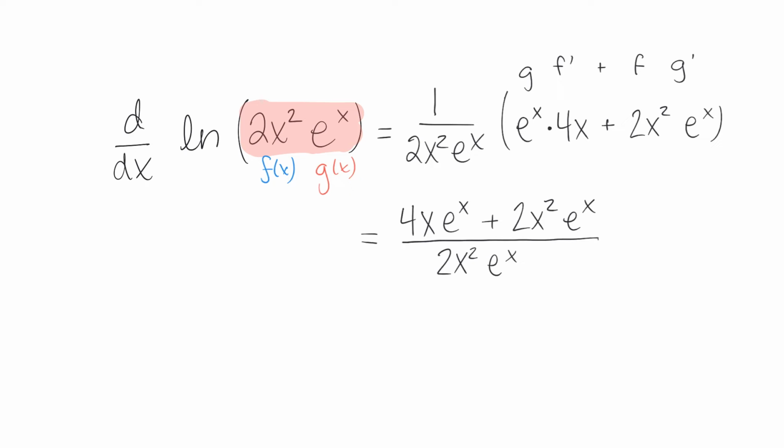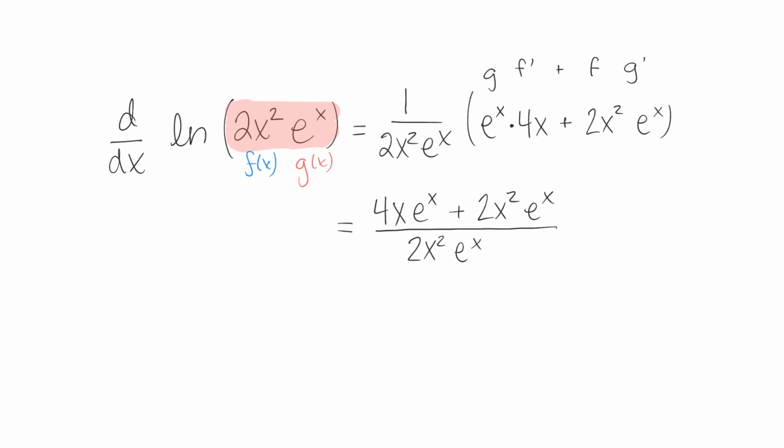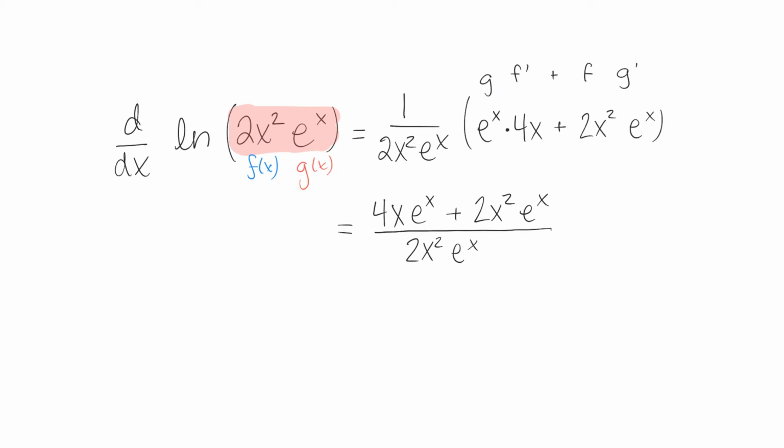Okay, what can we cancel out here? What can we factor out? Let's look carefully at just the top. I've got an x and an x, right? Can factor out an x. I have an e to the x and an e to the x that I can factor out. And then there's also this 4 and 2.